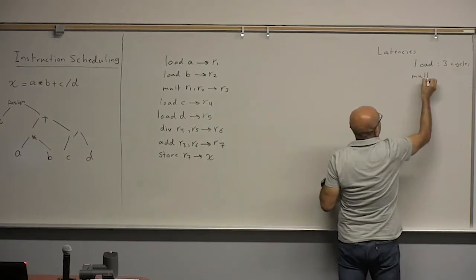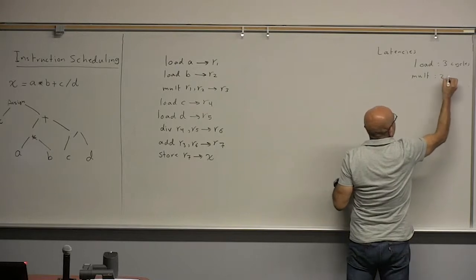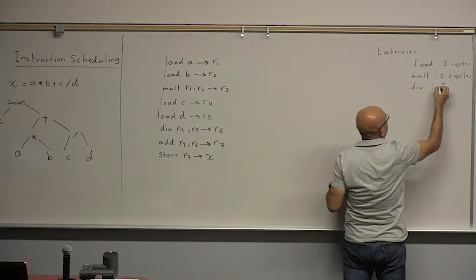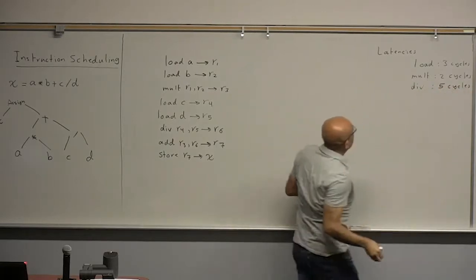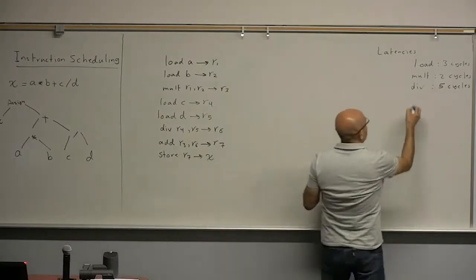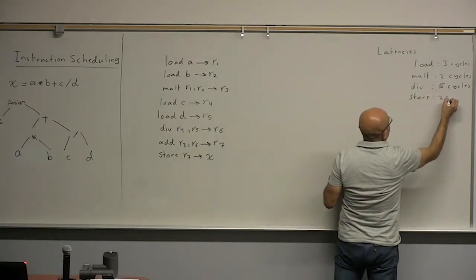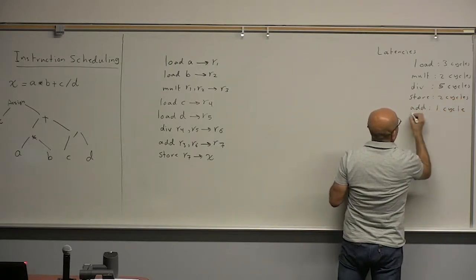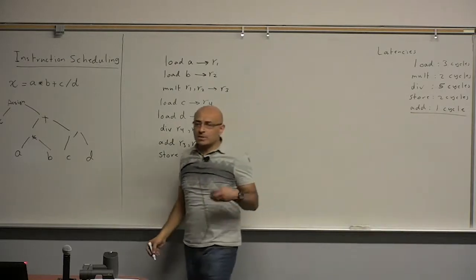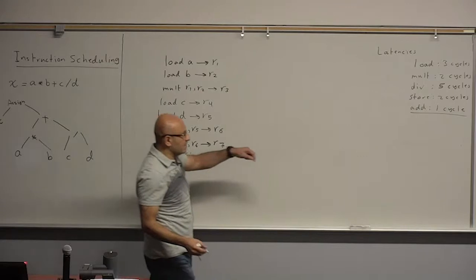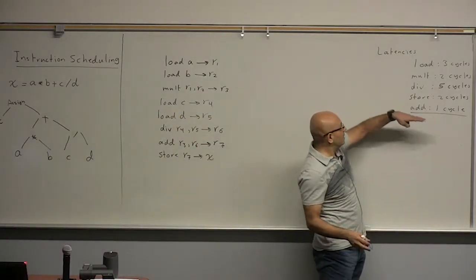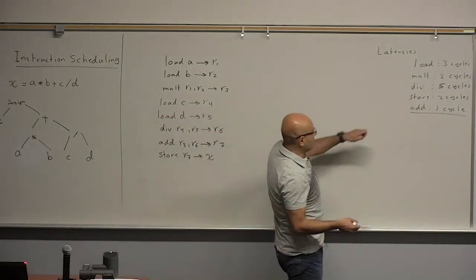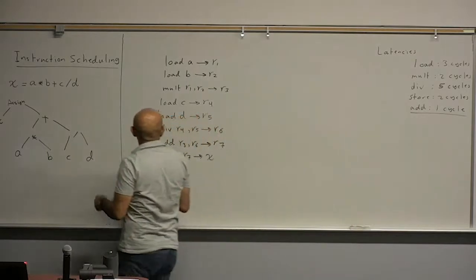For a multiply, 2 cycles. For a divide, 5 cycles. And for a store, 2 cycles. And for the add, 1 cycle. Usually we mention the instructions that have a latency greater than 1, and everything else, by default, has a latency of 1. In this case we only have the add, so we just mention it explicitly.